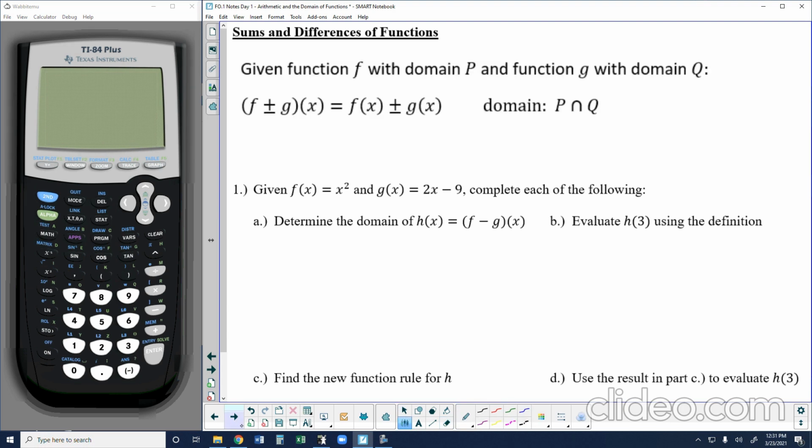And this generic rule says that if we have functions f and g and they have corresponding domains p and q, then if we take f and g and add or subtract them together, that would be the same result as evaluating for f and g and then adding or subtracting together.